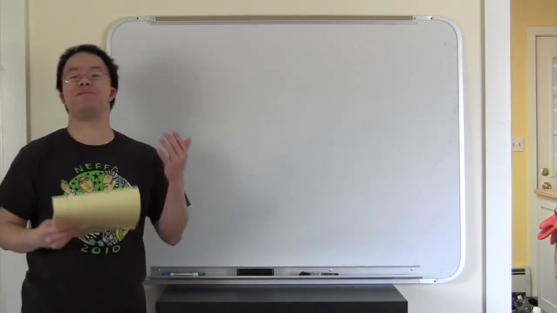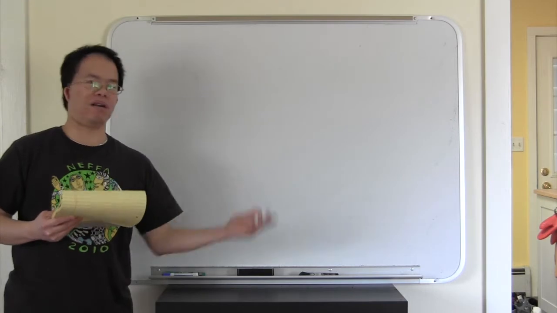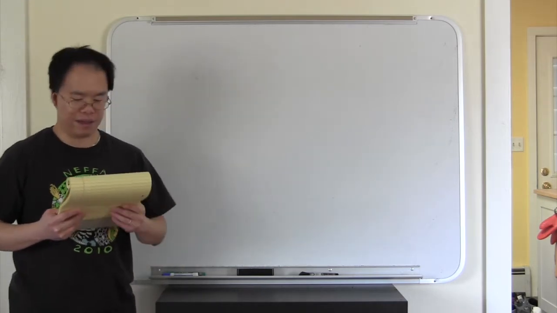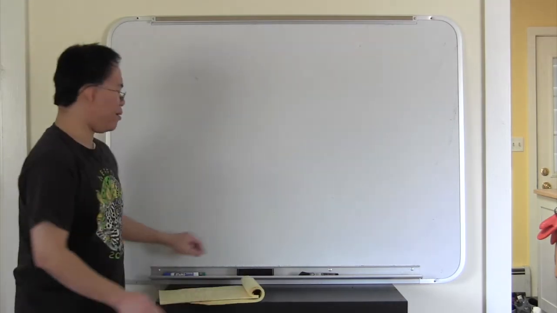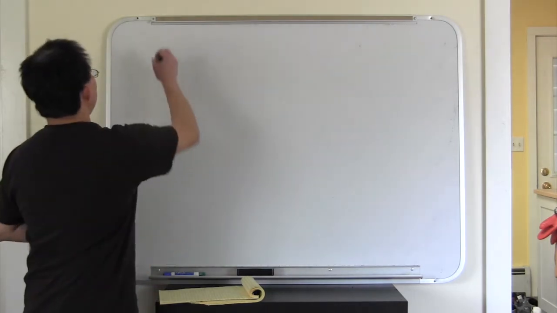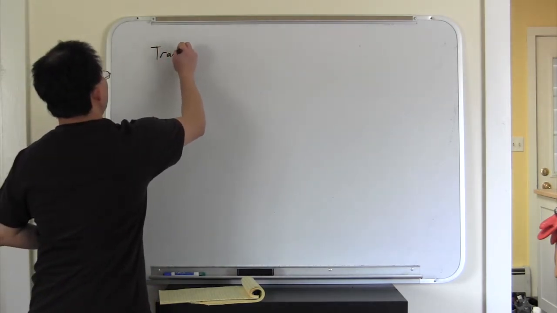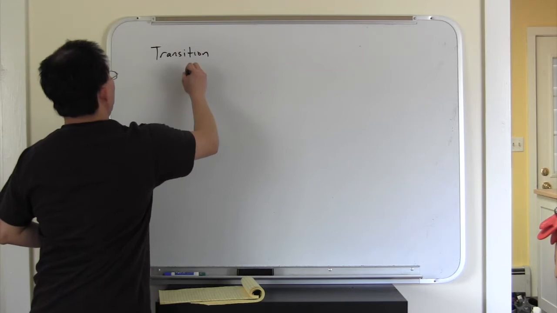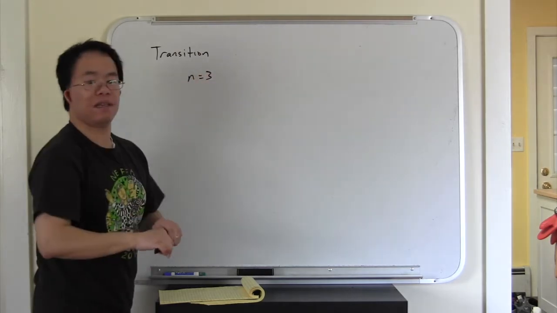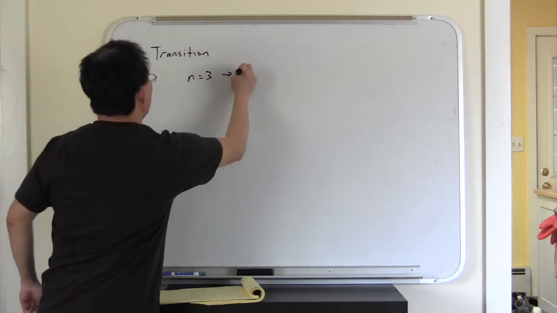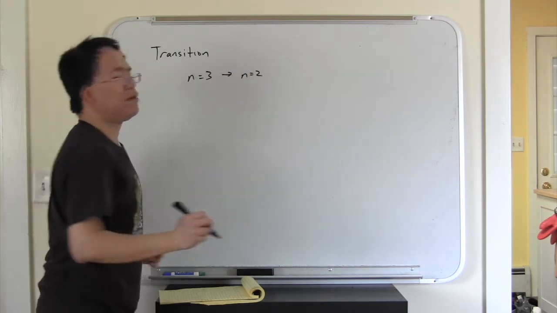Namely, you learned when we talked about the Bohr atom that when you have a transition from the n equals 3 level to the n equals 2, right?